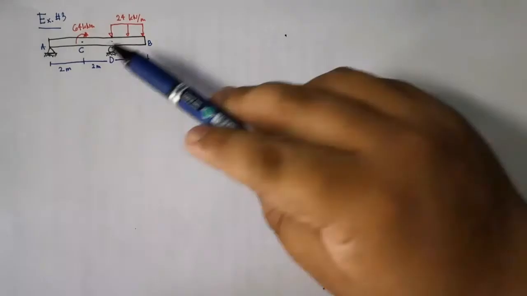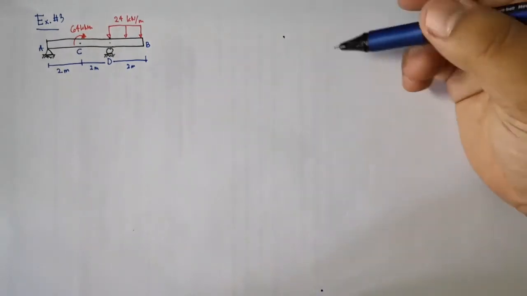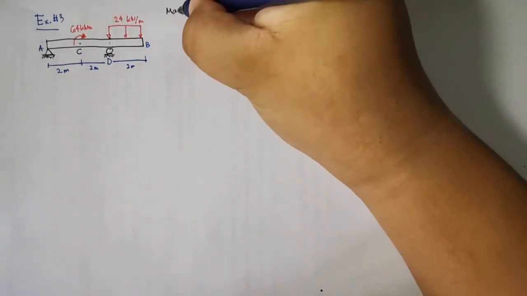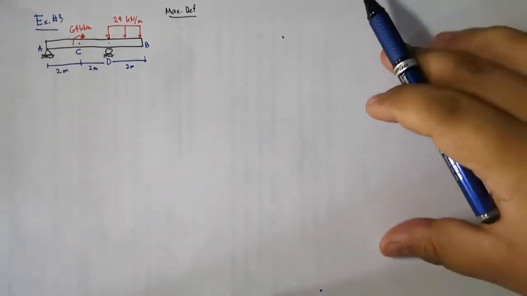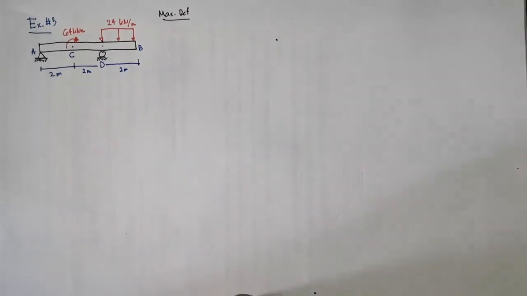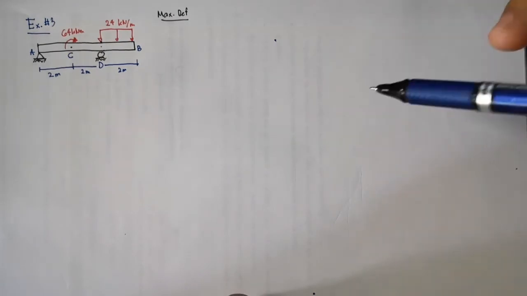Okay, so example number 3 for AMM. We have here a simply supported beam with an overhang. What we're asked for is the maximum deflection along the beam. As we discussed in earlier problem, maximum deflection for simply supported overhangs can be a bit tricky because you have two candidates.